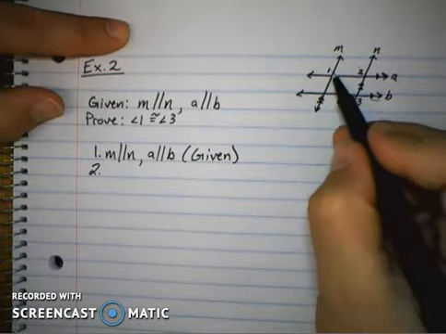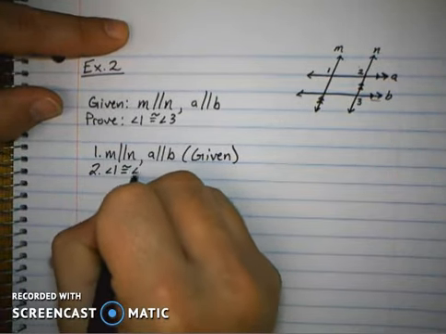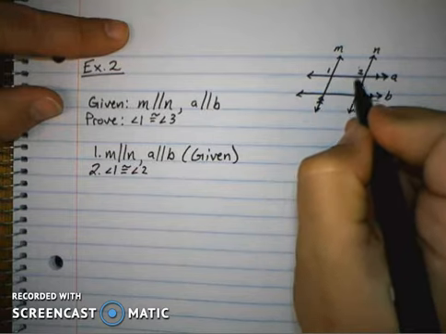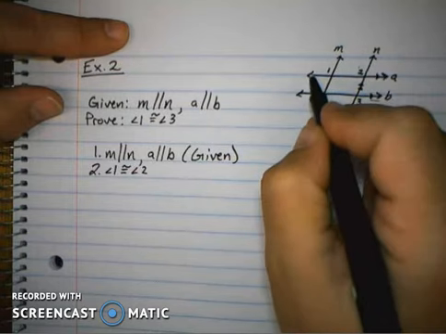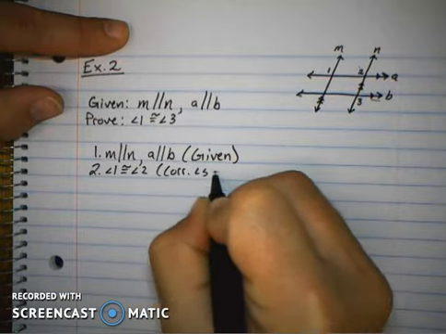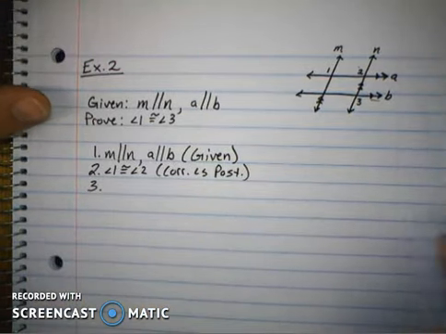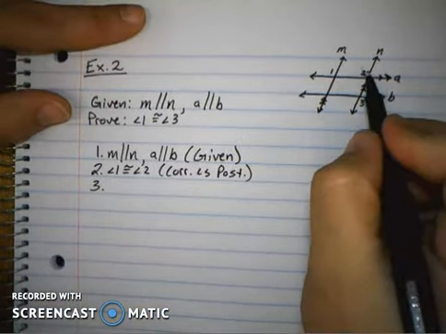So let's go back. We're going to talk about angles 1 and 2 first. I know that angle 1 has to be congruent to angle 2 because they are corresponding angles along these parallel lines with that transversal. So that's the corresponding angles postulate for that. Then I also know that angle 2 is congruent to angle 3 because they're alternate exterior angles with those parallel lines.